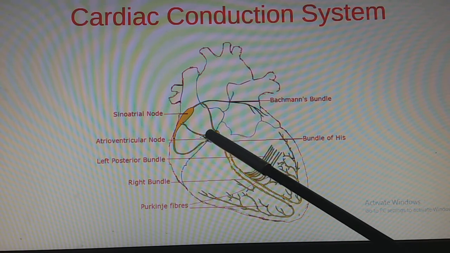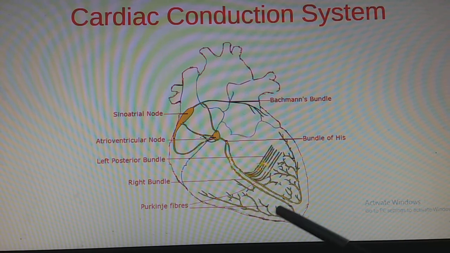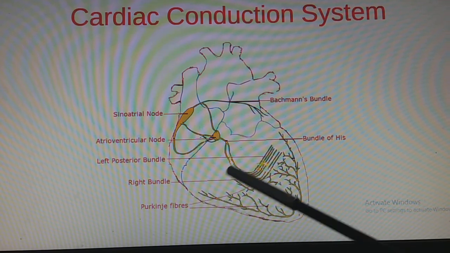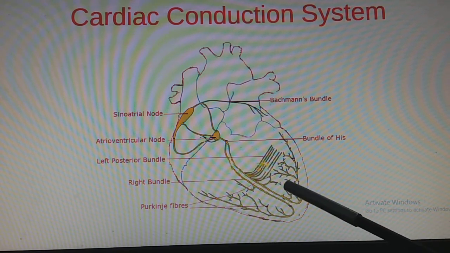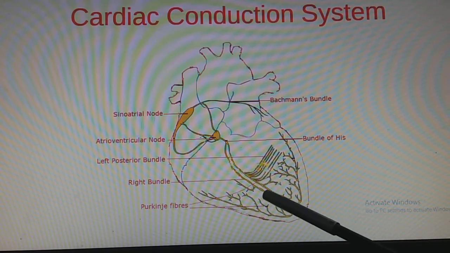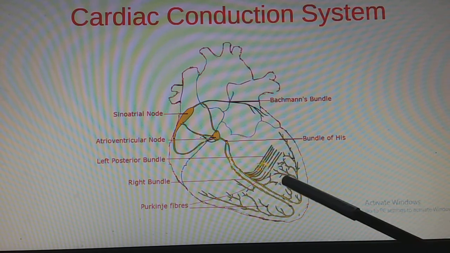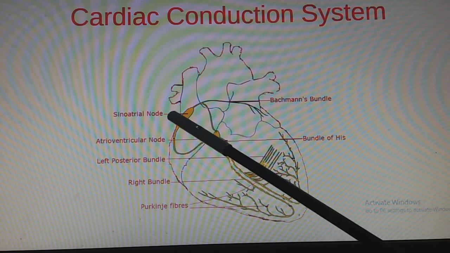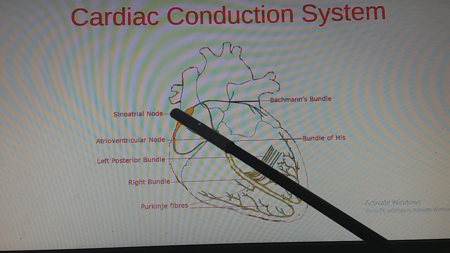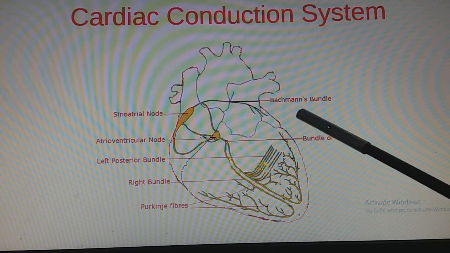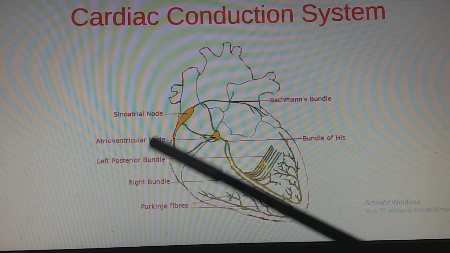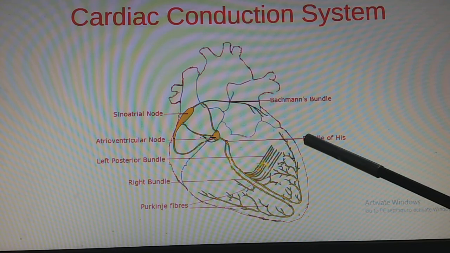Again moving forward, it continues to the bundle of His till the apex of the heart, and then it bifurcates, divides into two, and continues to the Purkinje fibers. Like this, the whole electrical impulse which was generated from here is spread out through the whole anatomy of the heart, isn't it?